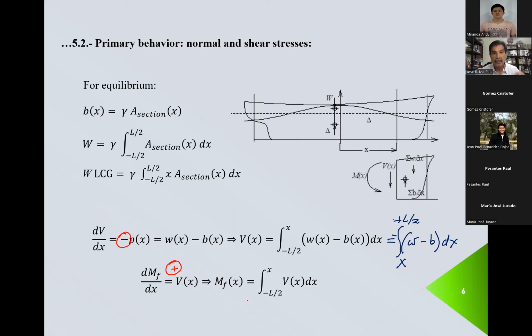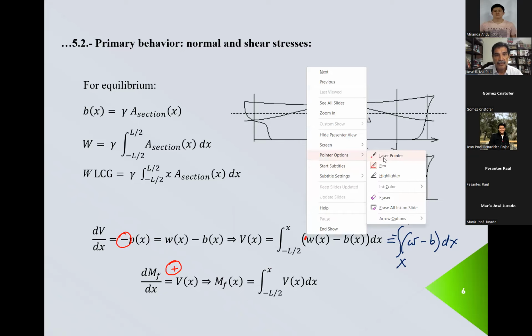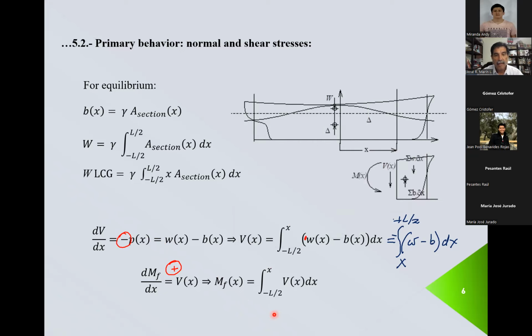That's because of the new sign convention that we are using, because we try to follow the ship classification societies. Now, after we have determined the distribution of shear force, we do a similar integration, and we go from here to here, and we can integrate this like this.